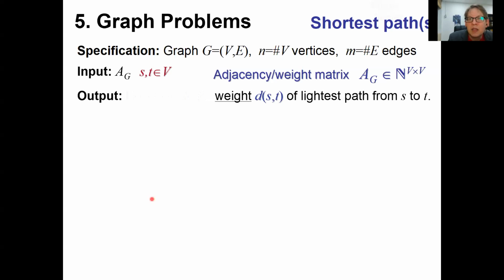If there's a lightest path from S to T, or a very light path, then with negative weights, that light path may require visiting vertices repeatedly, and therefore may not be a simple path. A simple path may have a larger weight in this case if we permit negative weights, which is kind of absurd, and mathematically, therefore, the problem is not well defined, and so we're going to discard that.